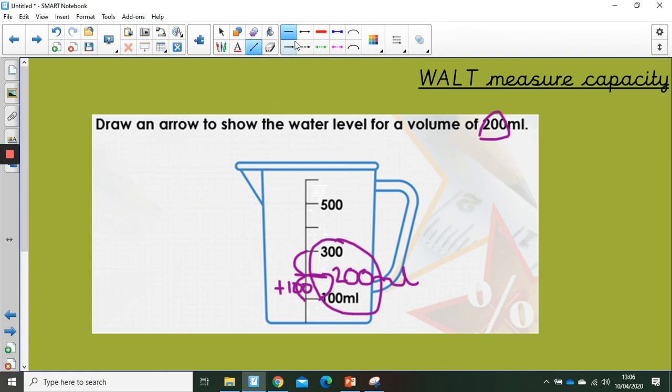So I know that the arrow is going to go there. If you're really fancy, can you work out what this one is? Right, 400. Well done.